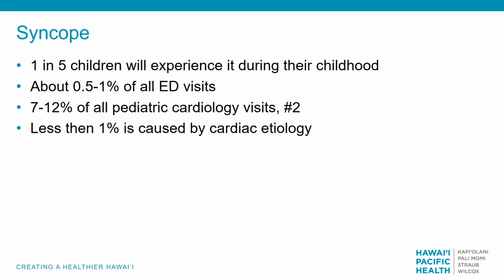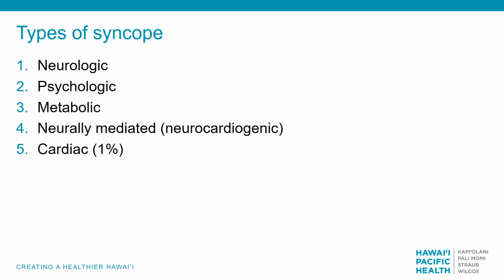And it's the same in the ED visits: it's 0.5 to 1% of all ED visits. And it's very similar also in the sense that less than 1% is because of cardiac origin. So what are the types or etiologies of syncope?